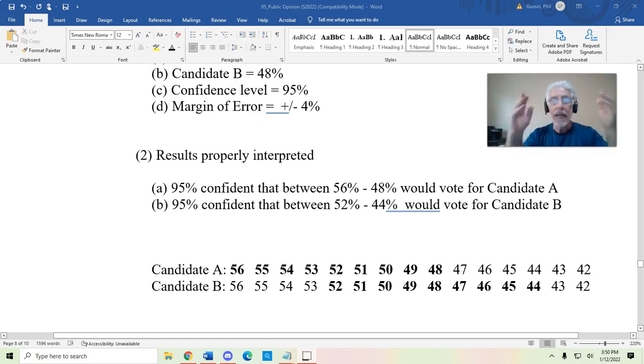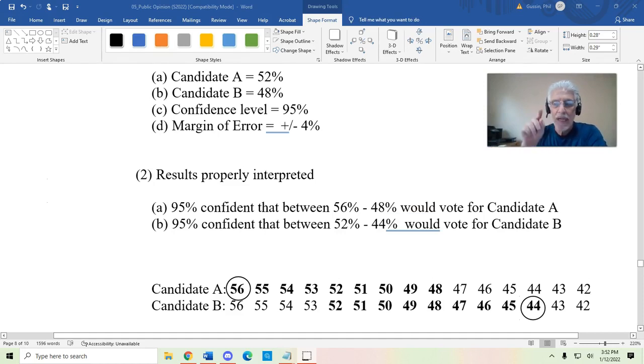They are all equally likely, and the same thing is true for candidate B. It's equally likely that it's 52%, 51, 50, 49, 48, 47, 46, 45, or 44. We just don't know. And so what does that tell us? Who's ahead? Well, that's what makes it really complicated. Check this out.